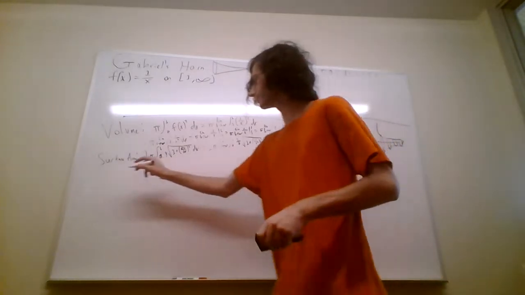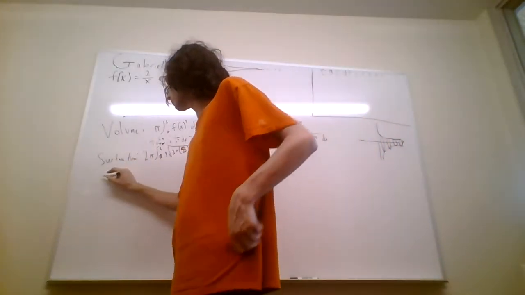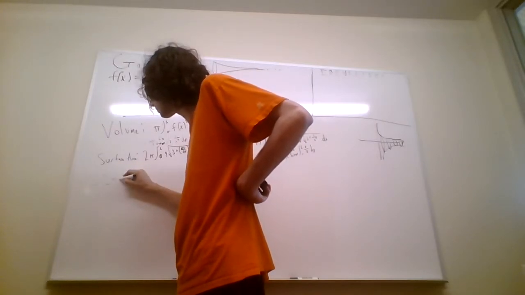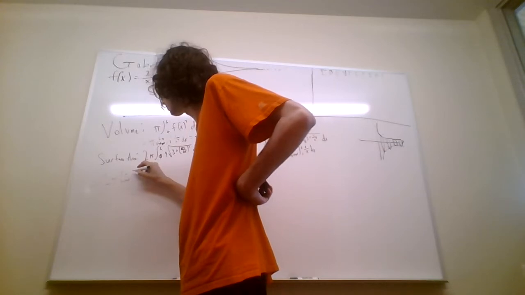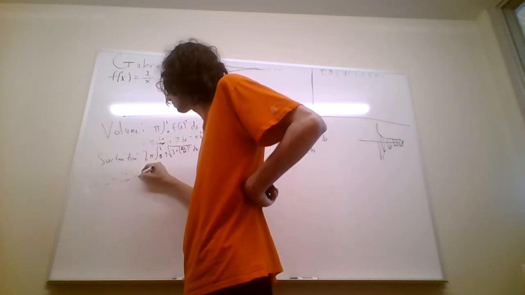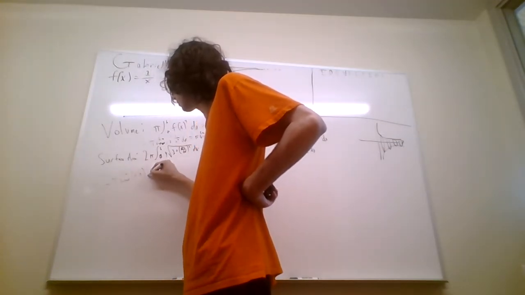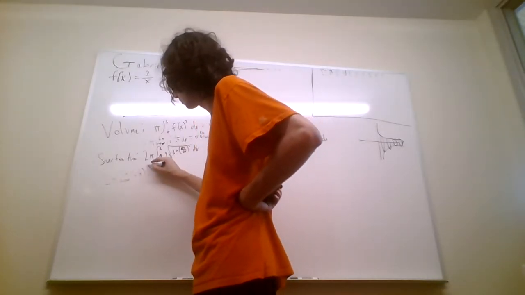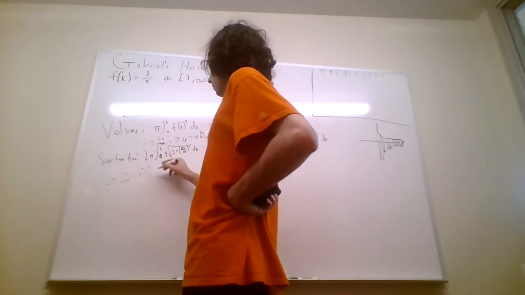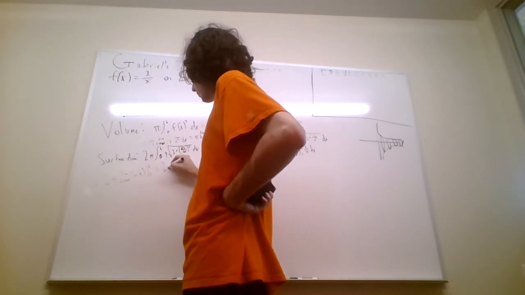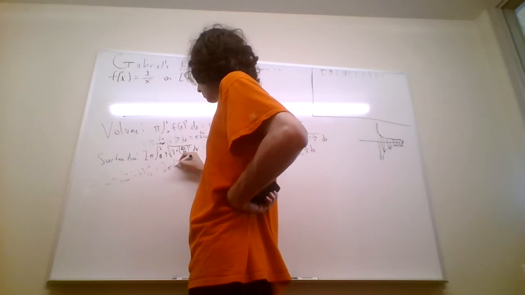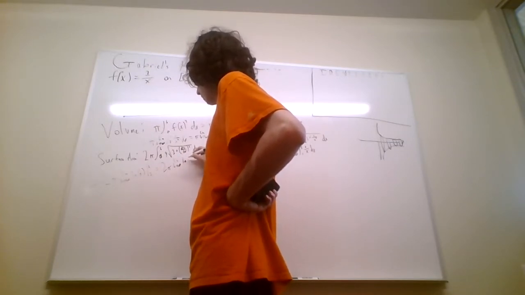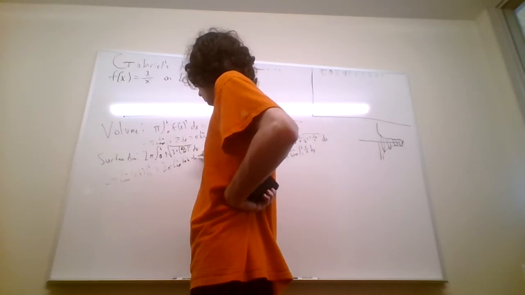Equals 2 pi limit b approaches infinity of natural log of x on the bounds from 1 to b. Okay, I'll plug those in. 2 pi limit as b approaches infinity of natural log of b minus natural log of 1.